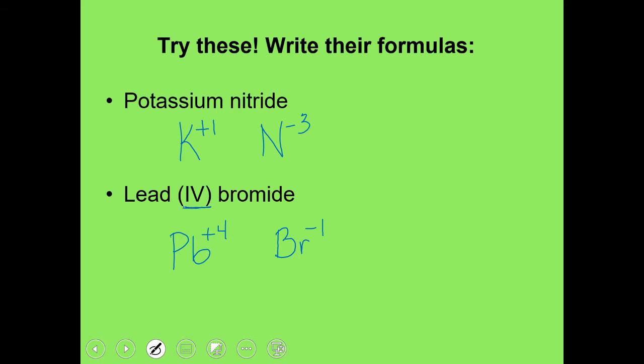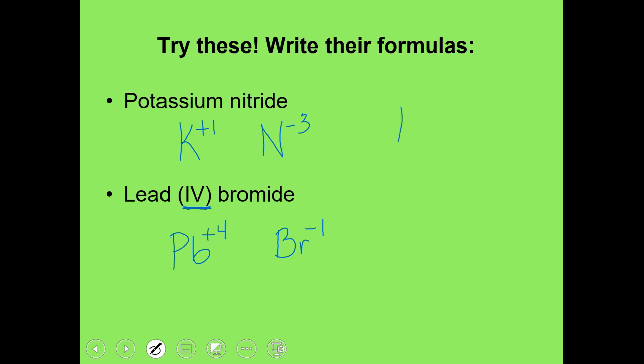We're going to see that on the ion chart that contains the transition elements and some of the ones that we don't have rules for. If there's more than one possible charge, this Roman numeral here tells you what charge to use, okay? So lead could be +2 or it could be +4. So we use the lead +4 because of the Roman numeral 4.